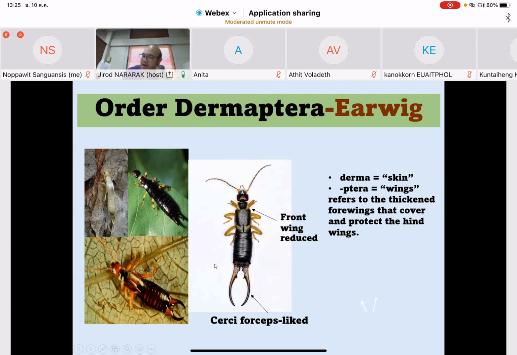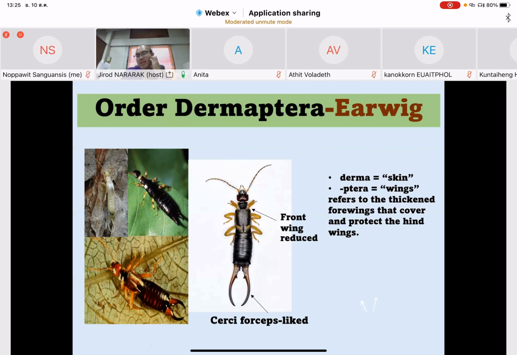And the common name earwig, I searched for it. It comes from a European term that this insect had a habit of burrowing into the human ear.